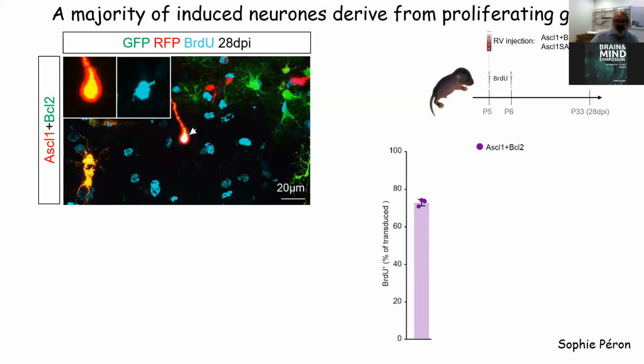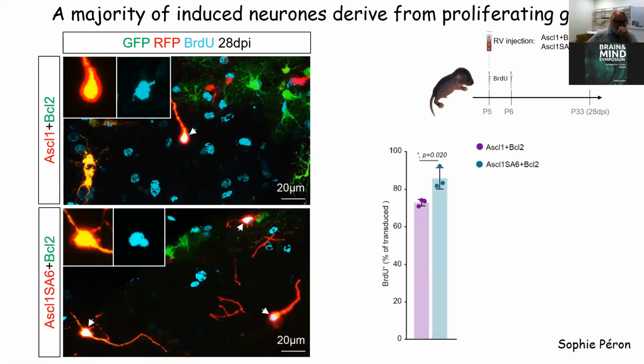So if this is true, you would expect to see that the cells that are virally transduced also incorporate, for example, a thymidine analog like BrdU. So what Sophie Perron did to test this was to administer BrdU around the time when she injected the retrovirus.